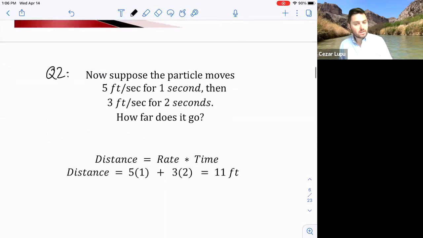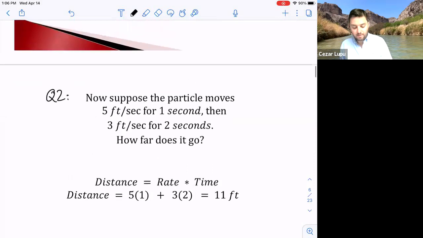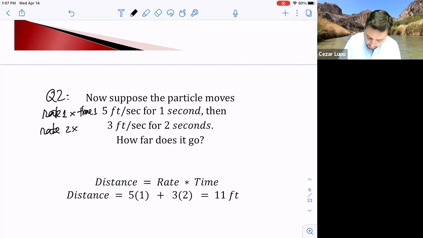So in other words, the distance again is the rate times time, but as you can see, the rate is something for one time, and the rate is something else for the second time. Just like Jonathan put it perfectly, it's rate 1 times time 1, and here is rate 2 times time 2. So it's 5 times 1 plus 3 times 2, which is 11.